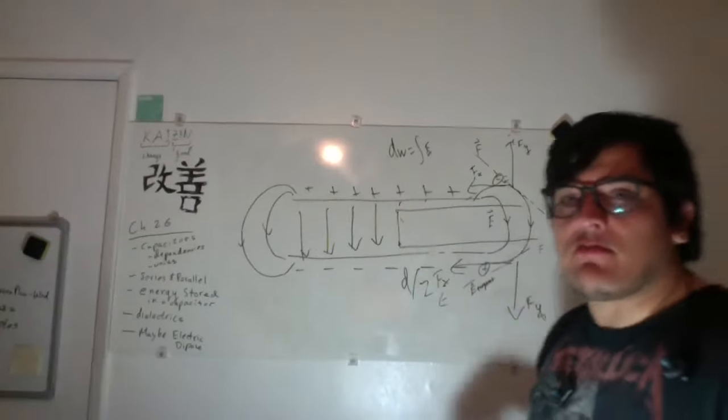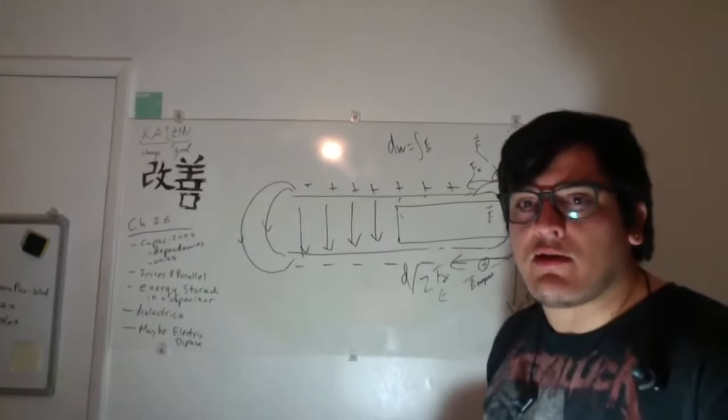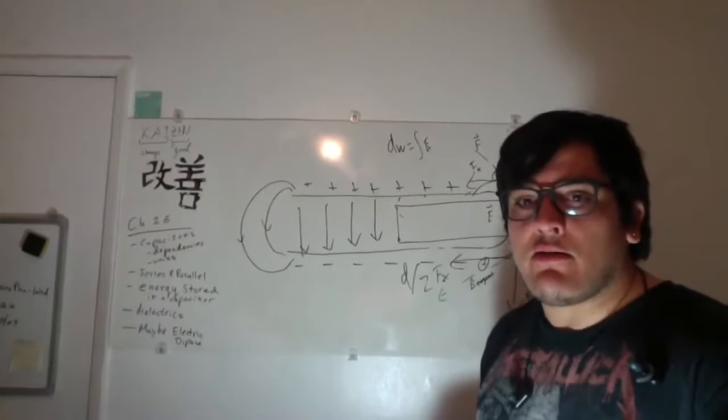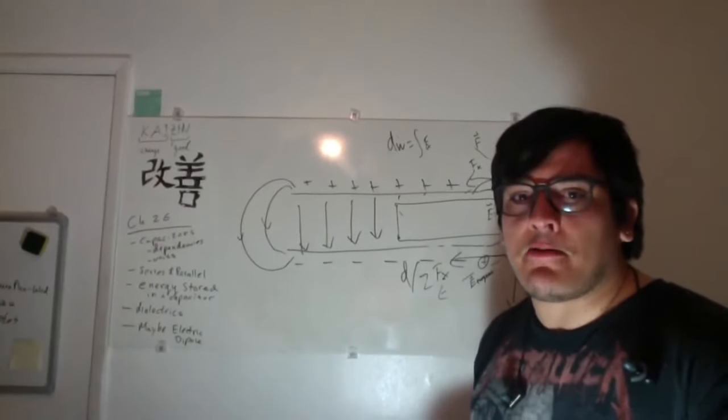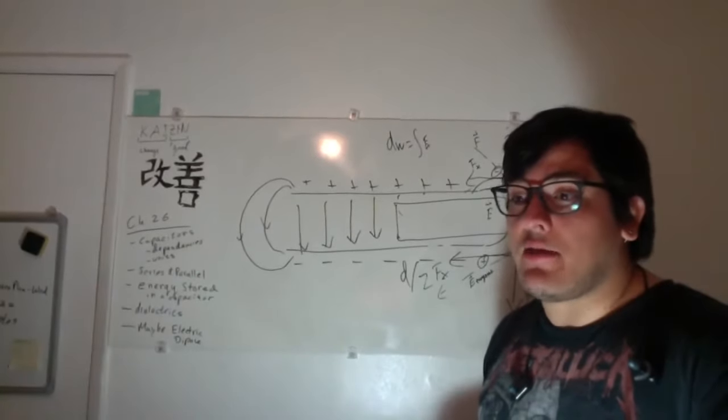There's a problem in your book that does this. I'll also have you look at this problem tomorrow in SI, so don't worry. We'll definitely cover this problem. It's number 65.